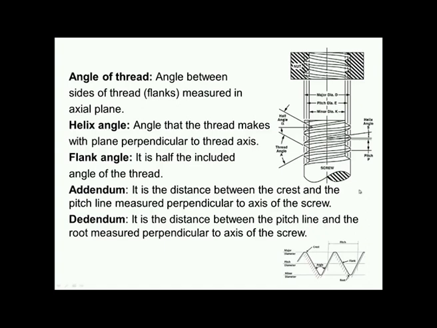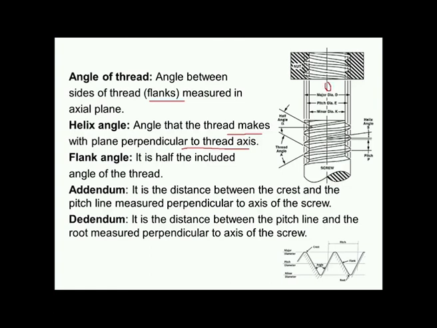Now, angle of thread. It is the angle between sides of thread, that means the angle between two flanks measured in the axial plane. You can see here we have a flank here, and another flank here. So, the included angle between two flanks is known as thread angle. Helix angle is the angle that the thread makes with a plane perpendicular to the thread axis.